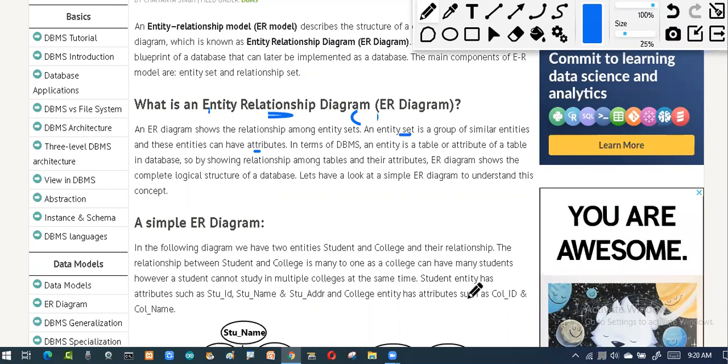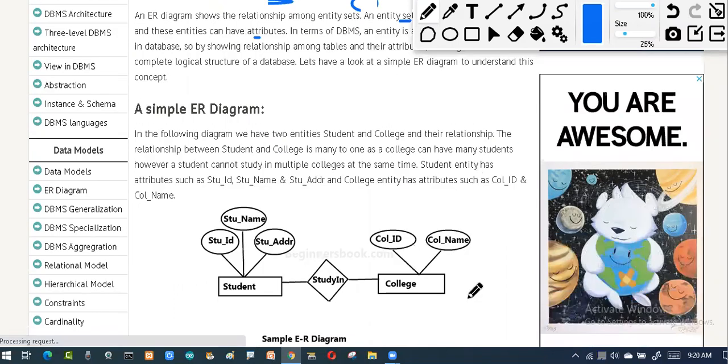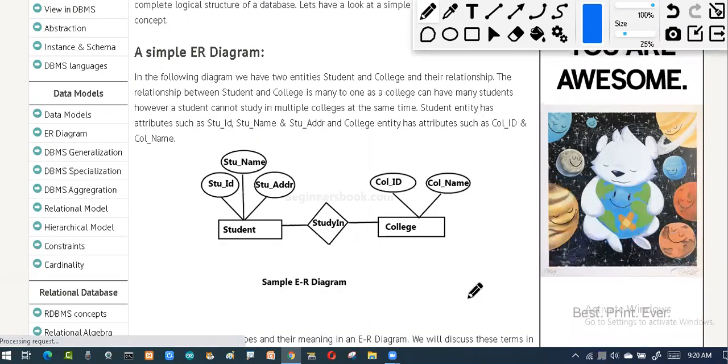So how will I pictorially represent this in ER diagrams? If you watch this diagram, you are able to identify the entities and the attributes. The oval shape which you are identifying over here is called an attribute.